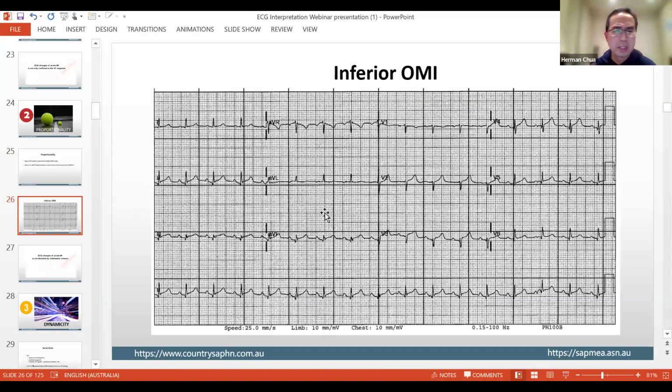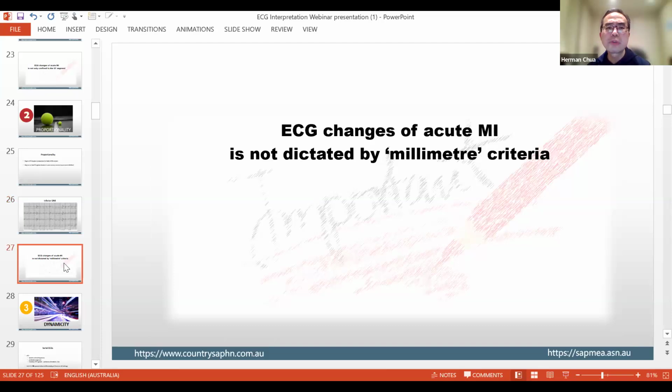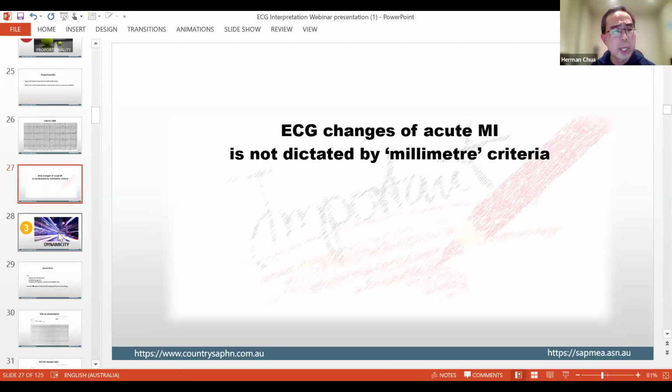Except that it's not really a STEMI as yet. So there's not a lot of ST elevation there, but it's still diagnostic of an OMI. So the millimeter thing, got to rethink that. ECG changes of acute MI are not dictated by millimeter criteria. So that's the second concept, proportionality.